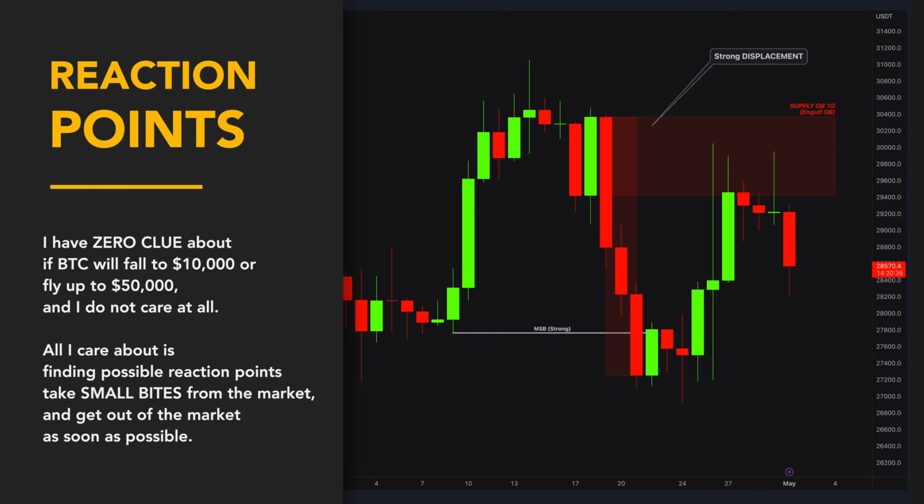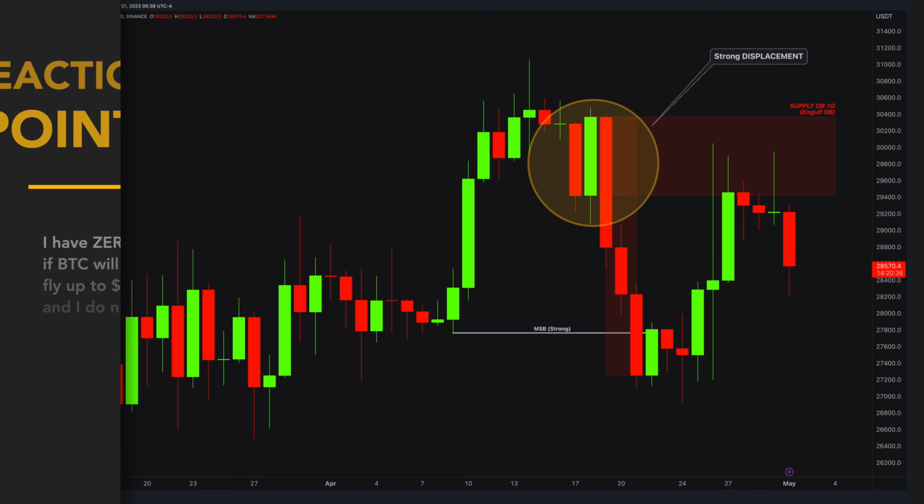These charts only tell me this daily order block is a possible reaction zone. I can take small trades in this area and get out of the market. That's it. I have zero clue about the future of Bitcoin and I have zero care about what will happen to Bitcoin. I only care about reaction points and taking small bites from markets as a trader.